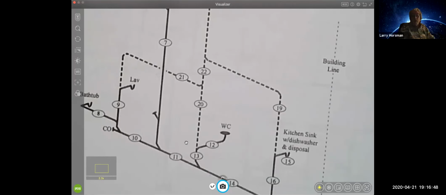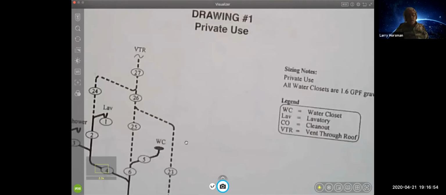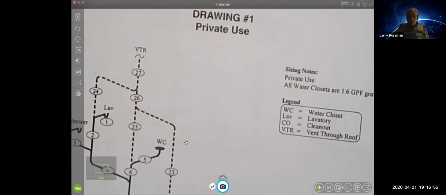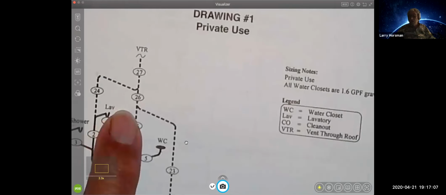If we go up higher above 22 to 23, there's still no drainage going into that pipe. Then that ties in over here, and we still have no drainage coming into it, and then it's up and out.